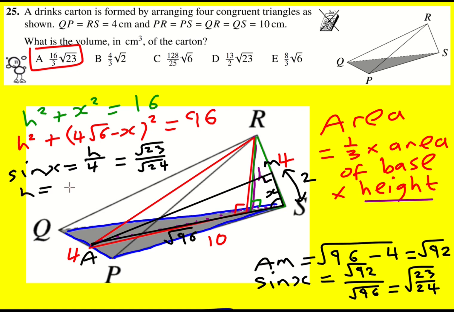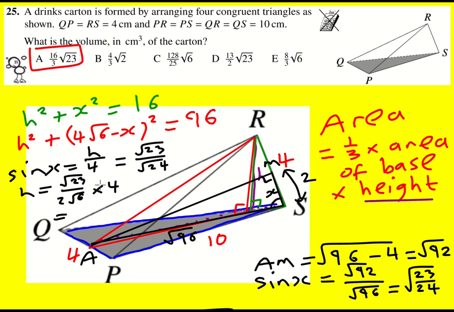So H is going to be root 23 over, let me think about this. So 4 actually goes into this number. It's going to be 2 root 6 times 4, because I've multiplied through.